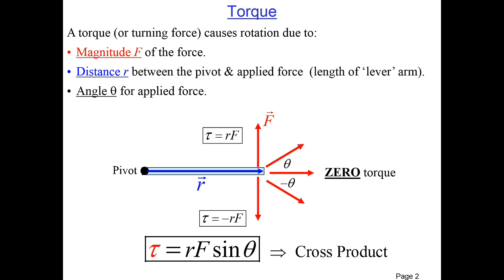Let's say our pivot is like a seesaw. If you push straight in towards the pivot point, the seesaw isn't going to move. If you pull, the seesaw is not going to move. But if you push up, the board's going to move up pretty easily. And if you push down, the board's going to swing down, no problem. So the key is that to have a torque, the force needs to be perpendicular to this moment arm.